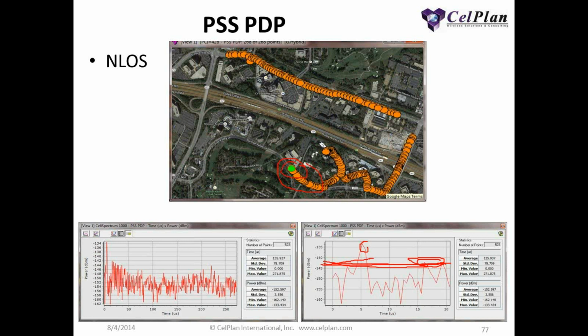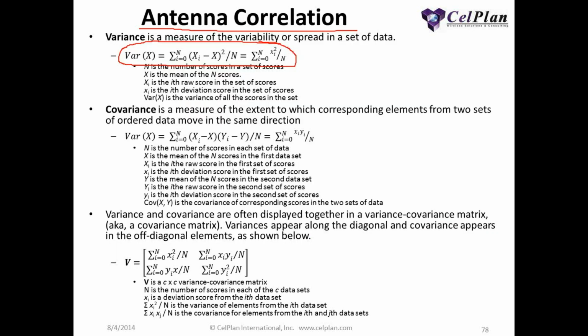Another 2D parameter is antenna correlation. I will not go into mathematics here because of time, but basically we define here the variance of a variable, a spread of data. So how does the data vary within itself?